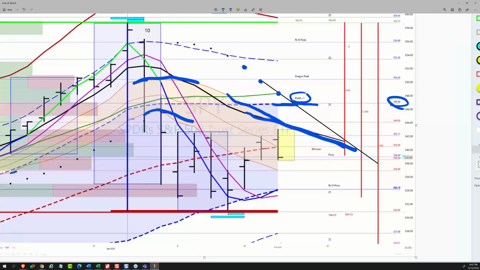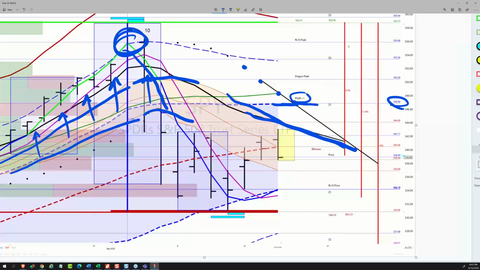During the entire bullish move up, that dragon acted as a force, a boundary to keep that thing trending until it no longer could. It got to an exhaustion move, and then price penetrated the dragon and got down here.